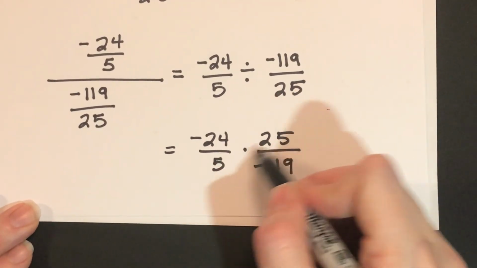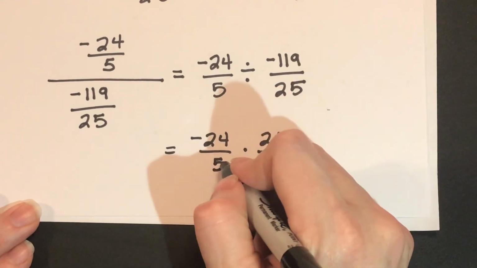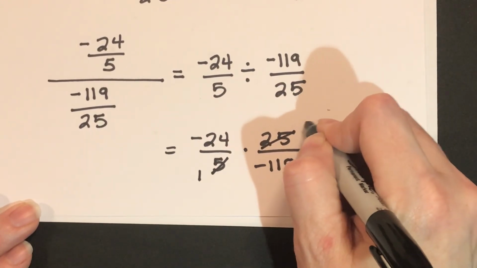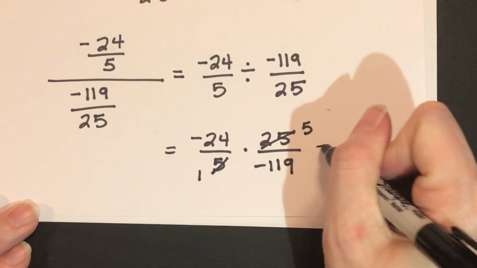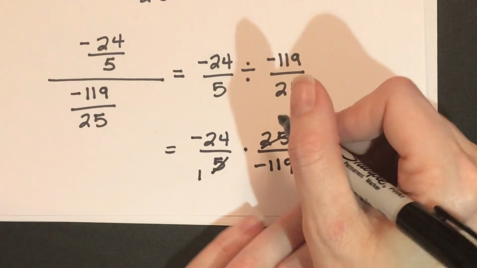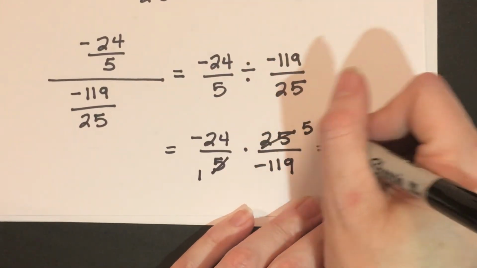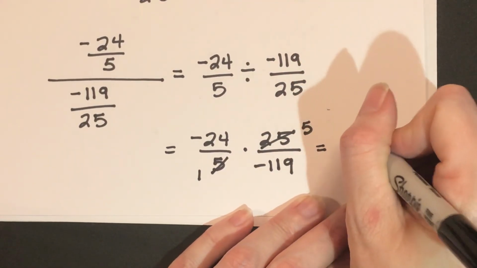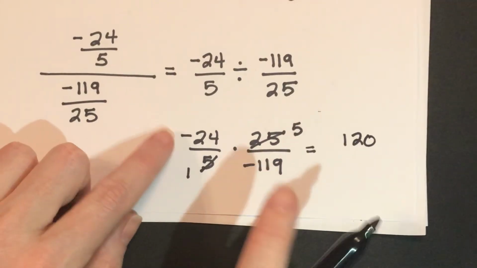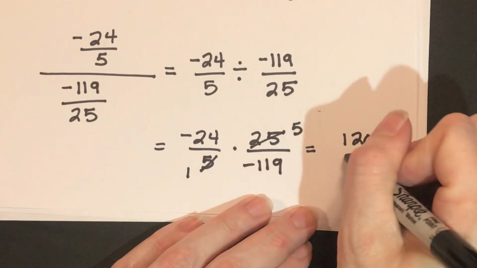We can cancel out the 5, so this divided by 5 is 1. This divided by 5 is 5. That simplifies it a little bit for us. And we get negative 24 over times 5 is negative 120. But we have a negative and a negative. Those will cancel out.